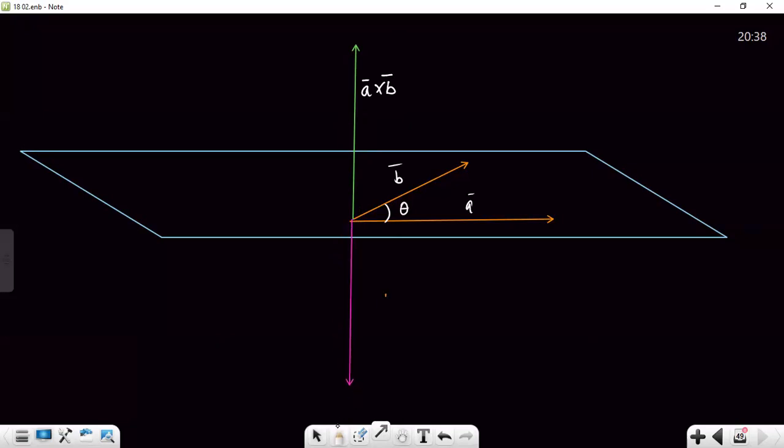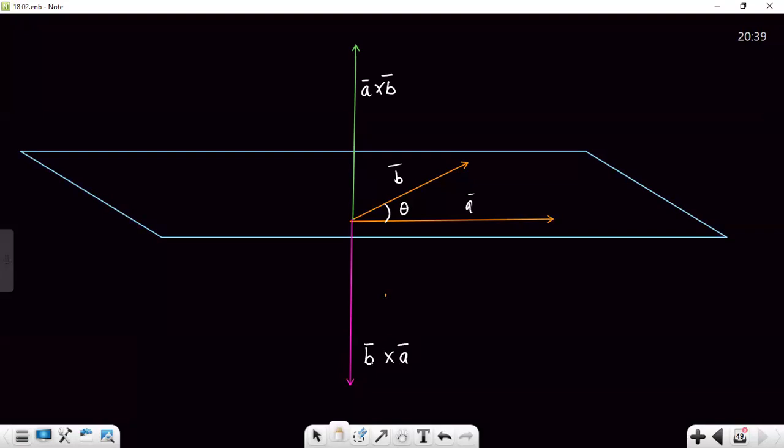Yes, that is also a contingency, but that is a contingency of B vector cross A vector. Now there must be a question inside your head: are A vector cross B and B vector cross A different? The answer is yes, they are different. Cross multiplication of vectors is not commutative in nature.